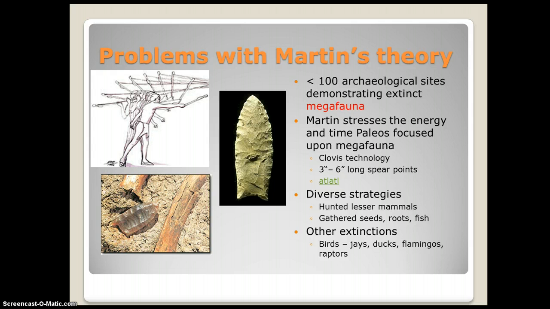Also, the atlatl. I have a picture here of someone using this spear, and you can see this piece here is used as a launching tool, and there's a little notch on the end.